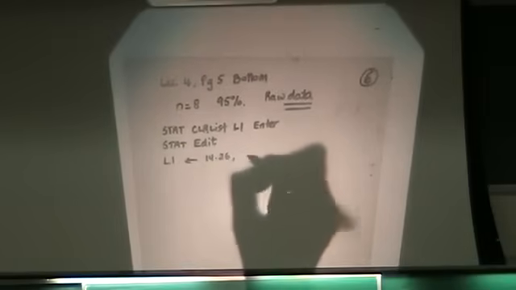Then stat edit, and then put into L1 all this data. 14.26... 14.94. Put those 8 values into L1. Go ahead, I'll wait.